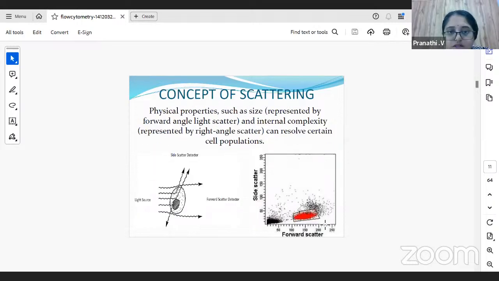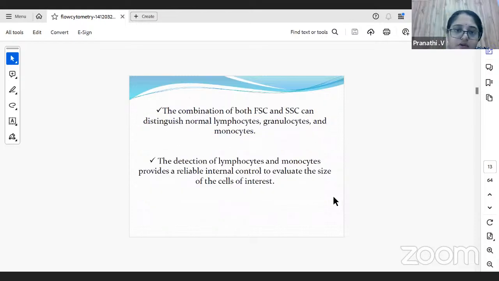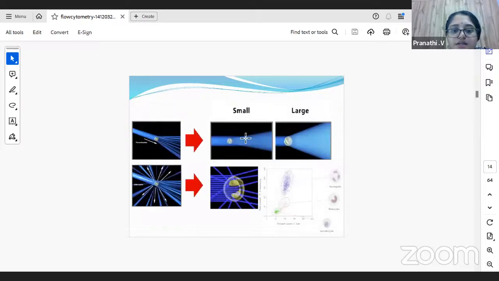Because of which you're going to get the cytoplasmic image as well as the nuclear configuration. You're going to combine both the images and then distinguish between the different types of cells present. So this is how the end image is going to come.